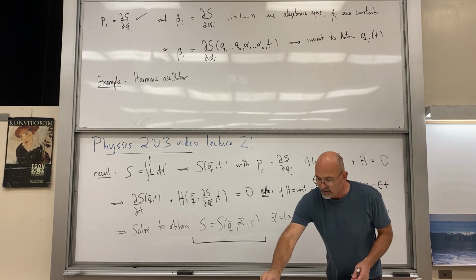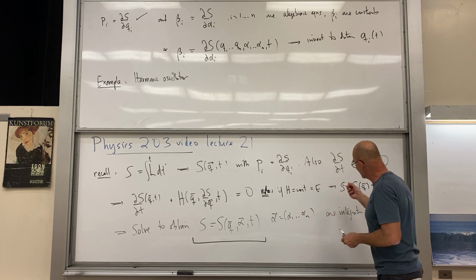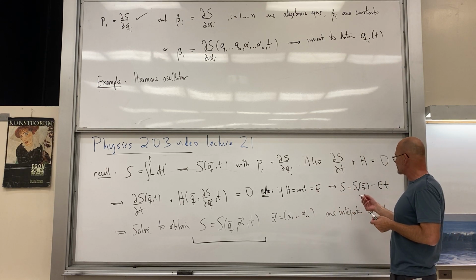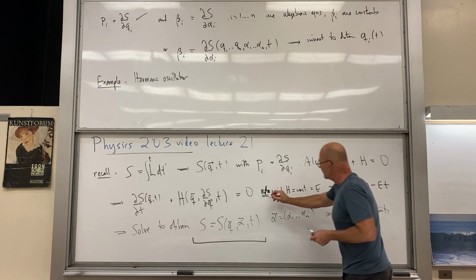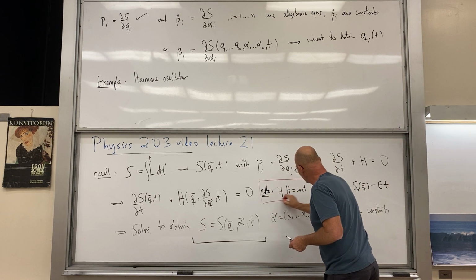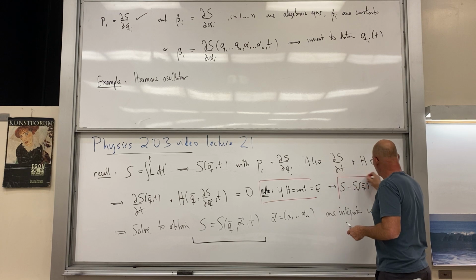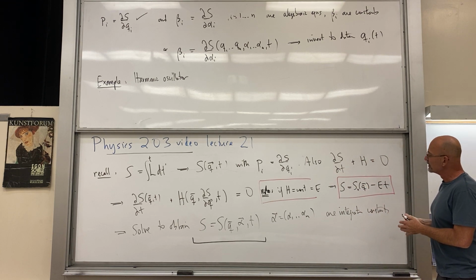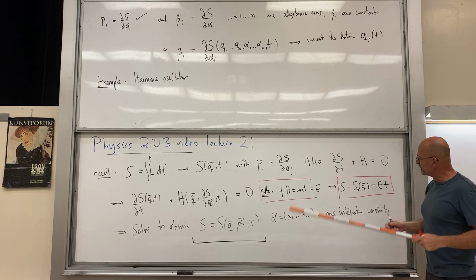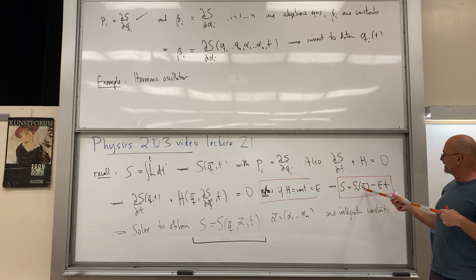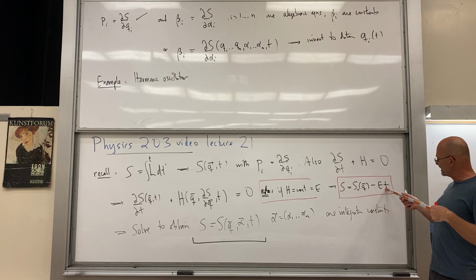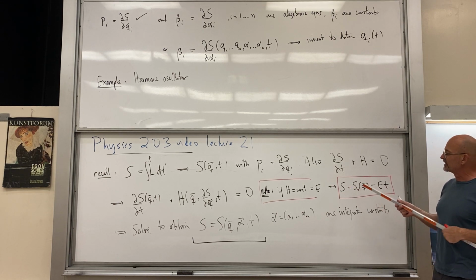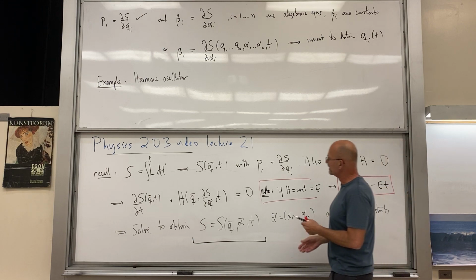We had that before. We're going to make use of this repeatedly because most all of our examples are going to have conservation of energy. So very important. In the energy conserved case, this is the form of your trial solution. When you get S, you're going to be solving for S0, and then the complete S is S0 minus E times t. Okay, so we're going to do that right away.